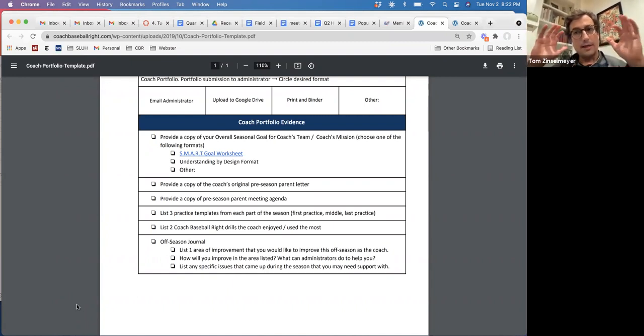Anyway, I don't want to get too much into that because I could talk for about an hour on each of those. But we're trying to provide some framework, some mechanisms to help coaches at certain levels attain success, and then ultimately also help administrators evaluate and provide feedback to help elevate and provide more resources for coaches down the road.